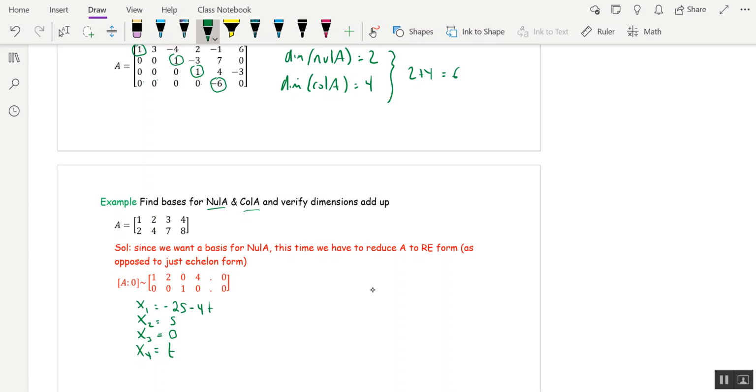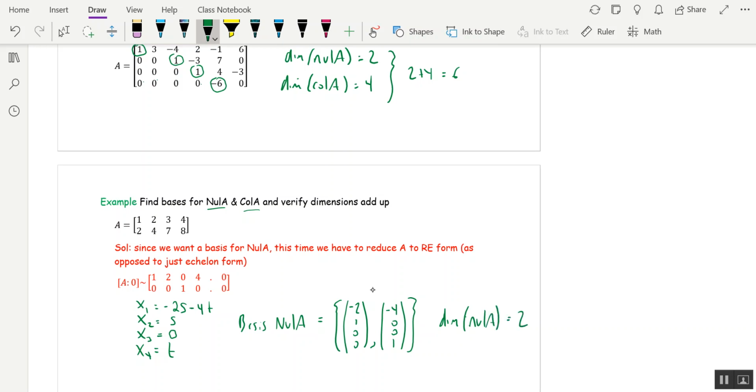So we want a vector for the s's and a vector for the t's, and that will give us the basis for null A. All right, so our s vector will be negative 2, 1, 0, 0. And our t vector will be negative 4, 0, 0, 1. The dimension of null A is 2, because there are 2 vectors in the basis.